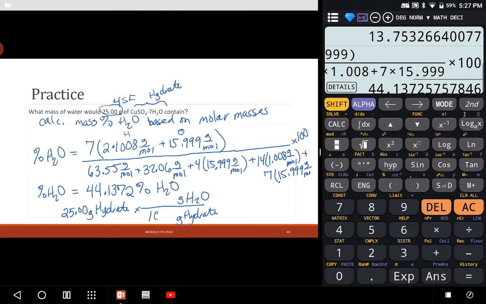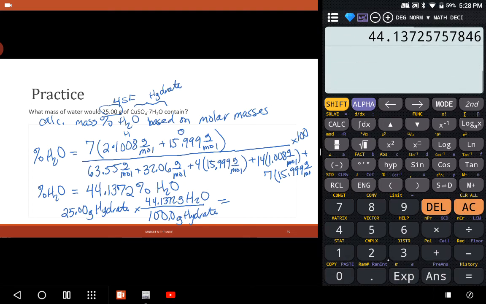And so for every 100 grams of my hydrate, I will have 44.1372 grams of water. And so that is 25 times 25.00.